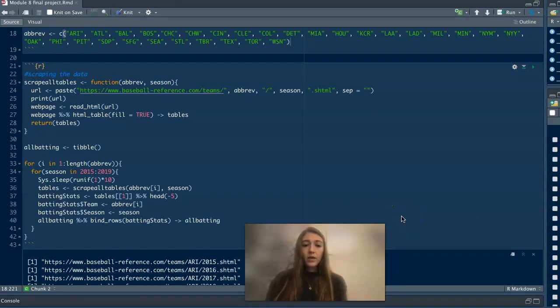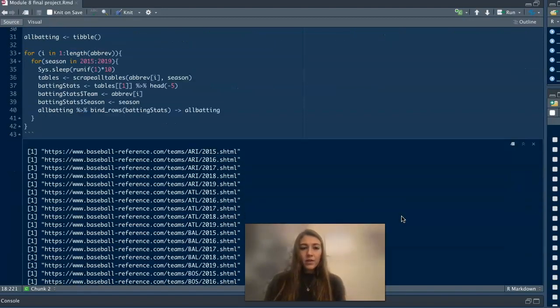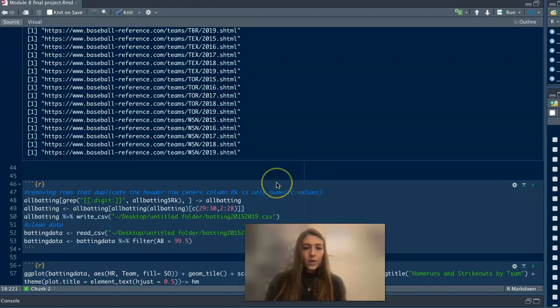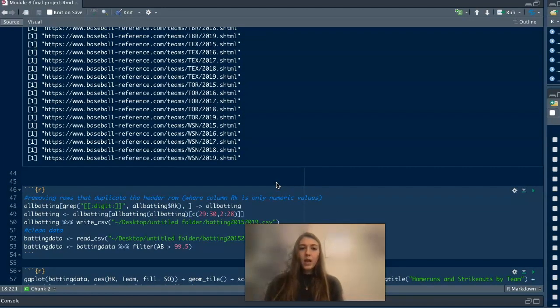Once we had all of the data pulled from Baseball Reference, we were left with tables that had some unnecessary header rows inside the table. To remove those, we used this line of code where the rank column was only numerical values, to remove the header rows that were duplicated throughout the tables for each team.